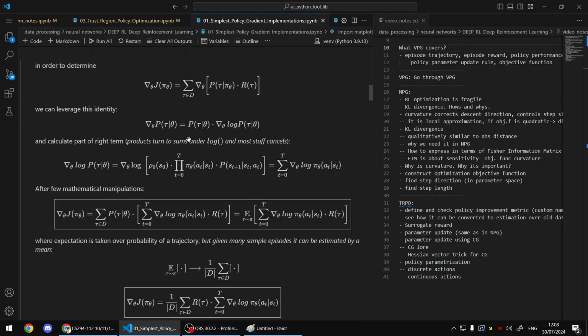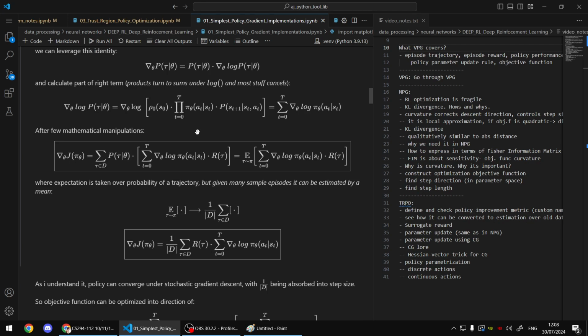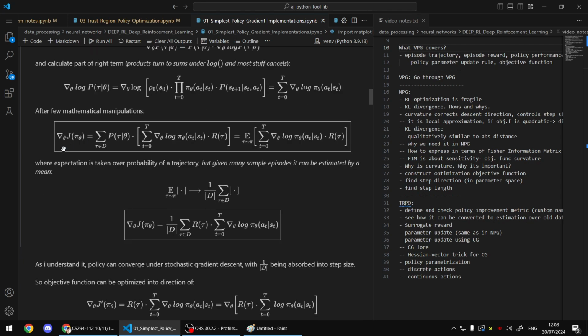We discussed an interpretation of what this gradient is and how it changes parameter weights, and related problems with it, when maybe we change the parameters too much because of some fluctuation in rewards, or just the structure of how rewards are rewarded.